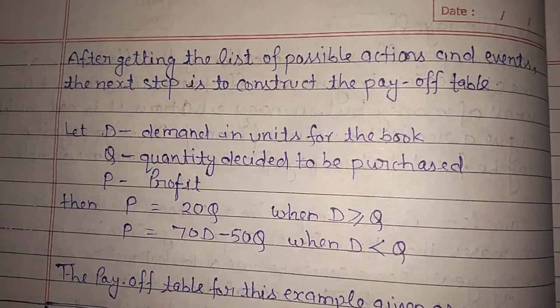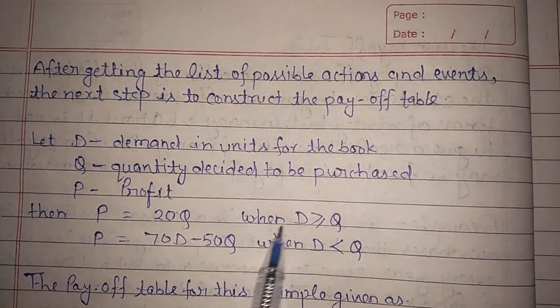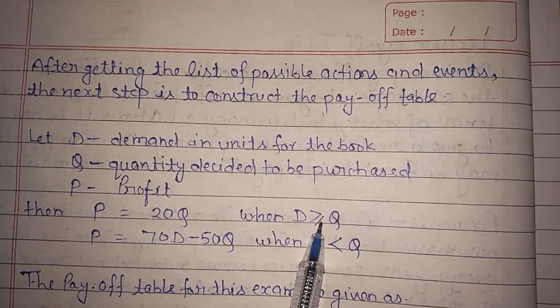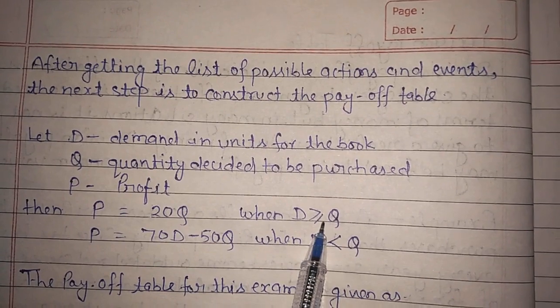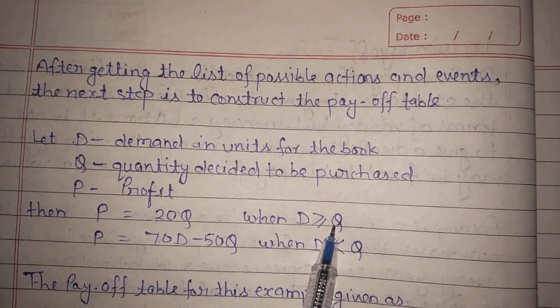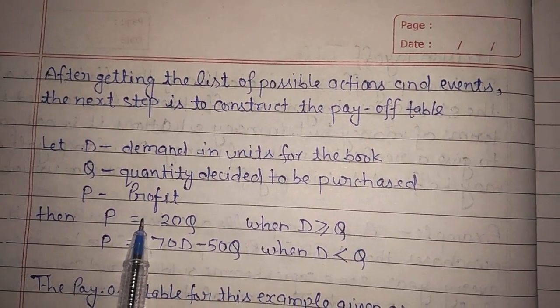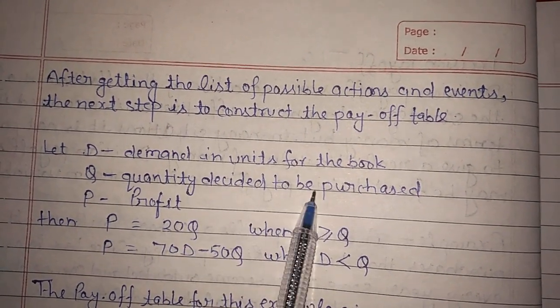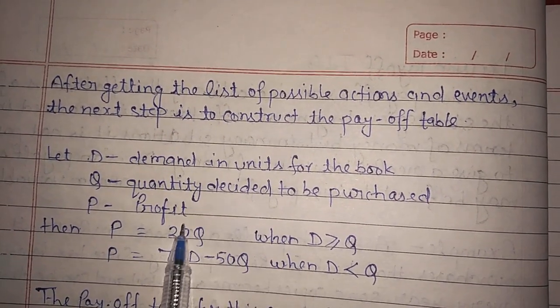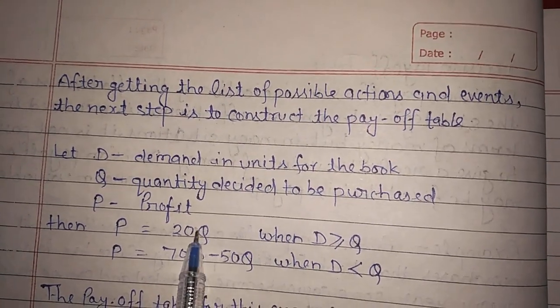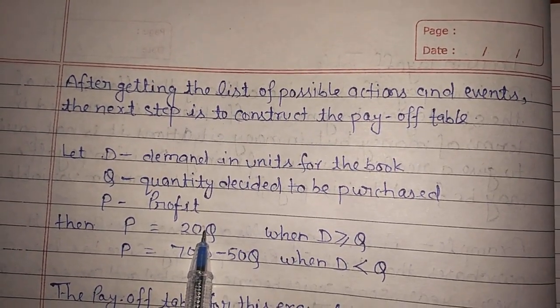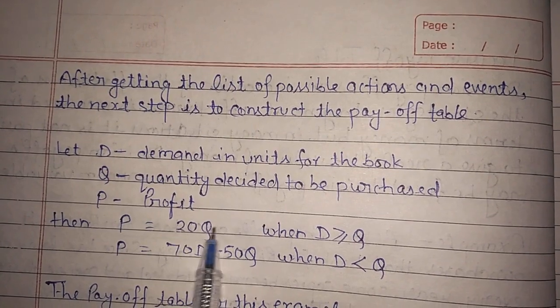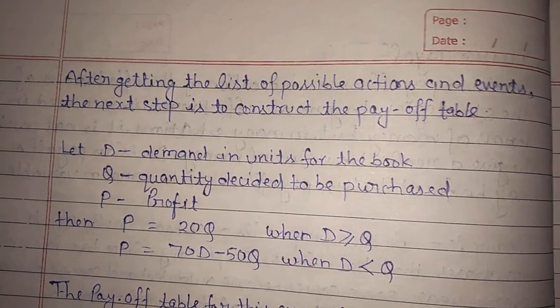So if the demand is more than or equal to the quantity he decided to purchase, his profit will be 20Q. Here Q is the quantity decided to be purchased. Since the demand is greater than Q, he sold all the copies of the book, so he earned 20Q profit.